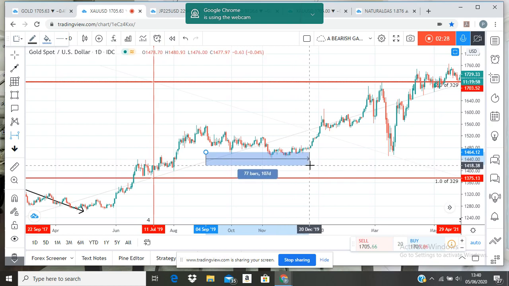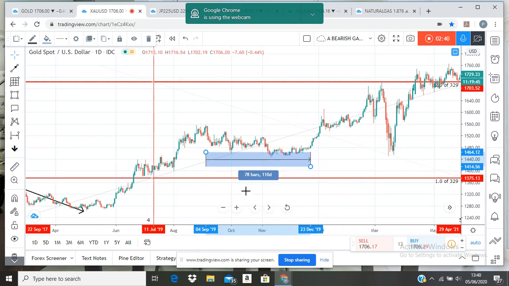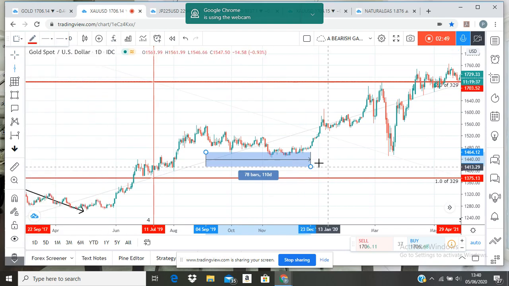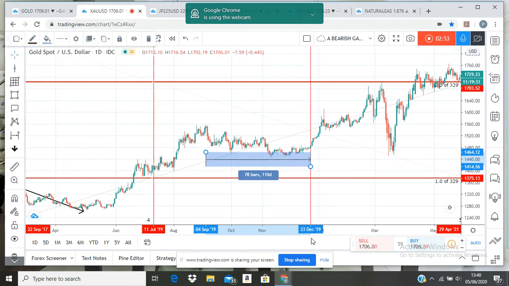Okay, 109 was weekend, so the next candle will be 110. So we take 110. So now we have 110 days ending on, we put the line there, ending on the 23rd of December.